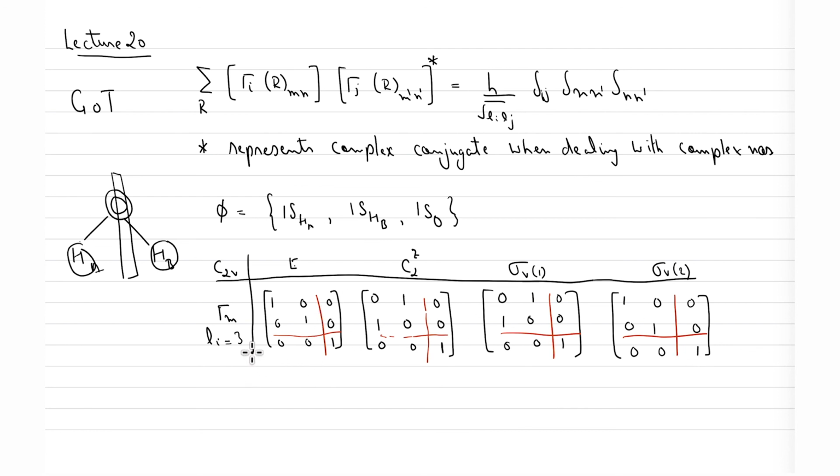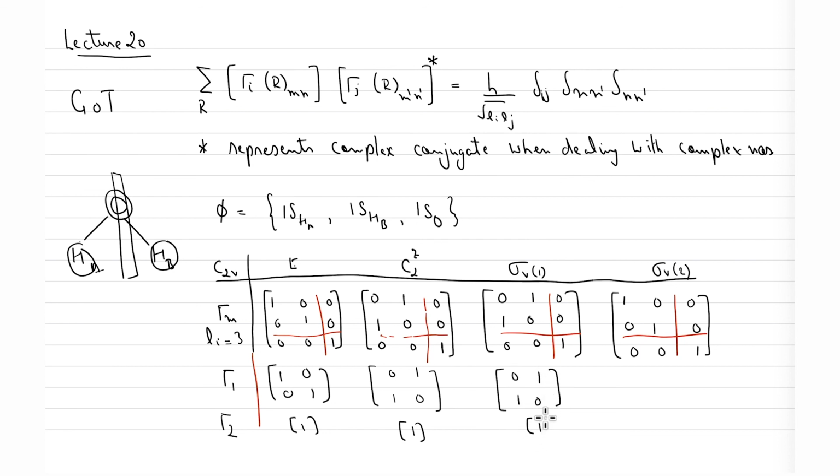Let's say I block factor it and write it as tau 1 and tau 2, which is 1 0 0 1 and 1, then 0 1 1 0 and 1, 0 1 1 0, 1 1 0 0 1 and 1.